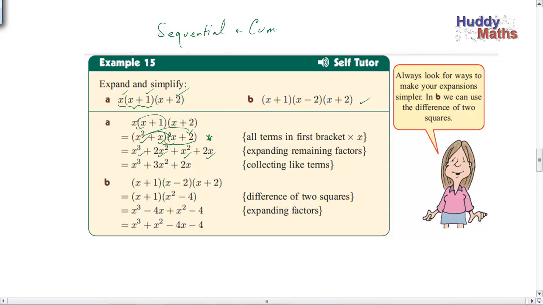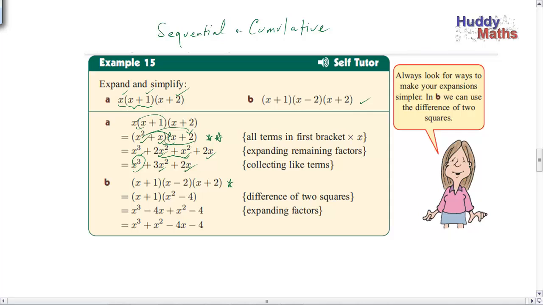That means that as you go through and do things in sequence, you have to accumulate that knowledge. Don't forget what we did before with 2 brackets, and keep that knowledge and keep practicing that. Okay, so we've got 1 x cubed term, we've got 2x squared plus 1x squared. 2 dogs plus 1 dog is 3 dogs. And then 2x on the end, collecting like terms.